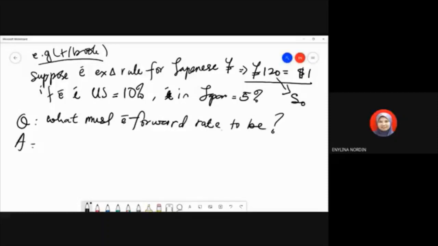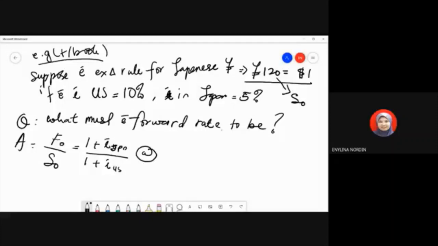The answer here is F. If you want to use F0, go ahead, or F1 is fine. It equals 1 plus the interest rate in Japan, divided by 1 plus the interest rate in the US.